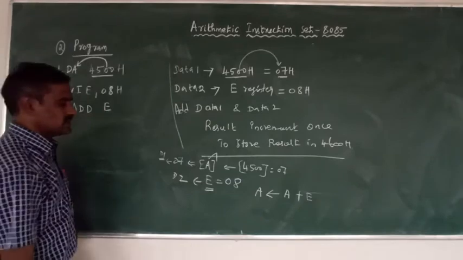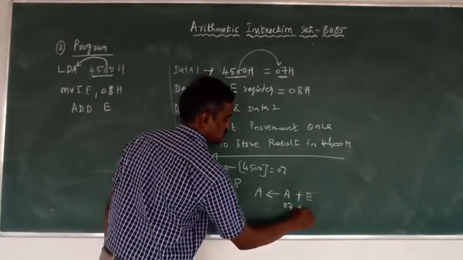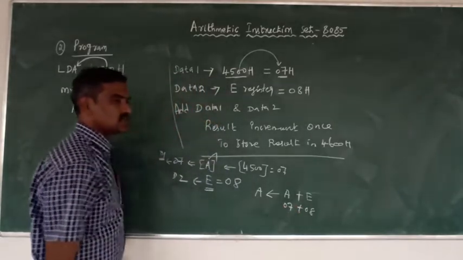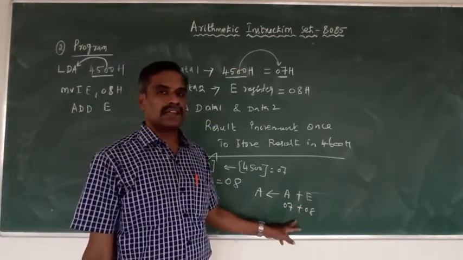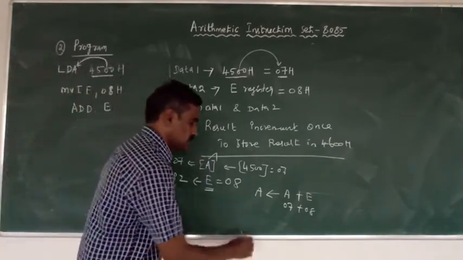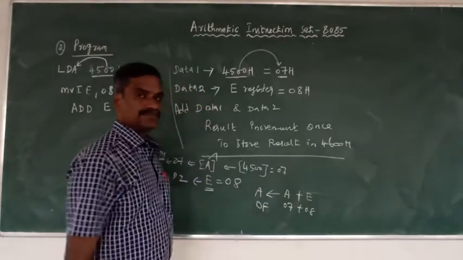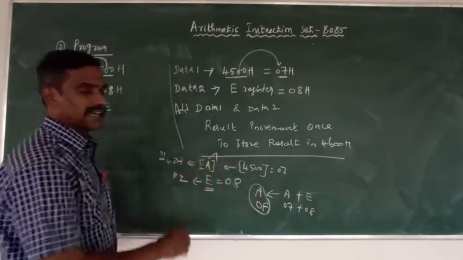Now 07 and 08: we can add these to get 15 in decimal. The corresponding hexa value is 0F. 0F is available in the accumulator.